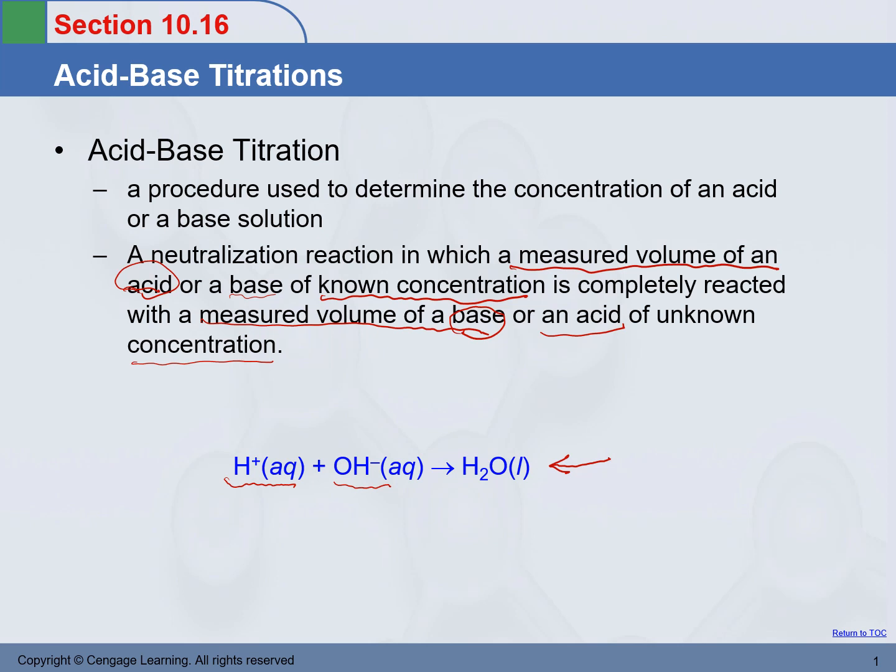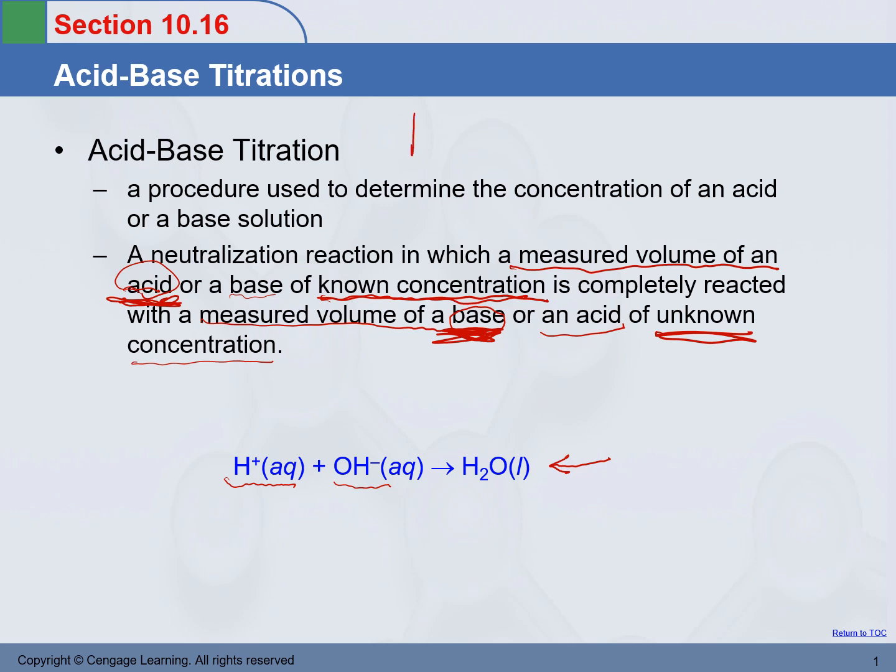Let's assume we are using an acid with known concentration to decide the concentration of an unknown base. Let's say here we're using a base. So what we would do is use an acid with known concentration, molarity.